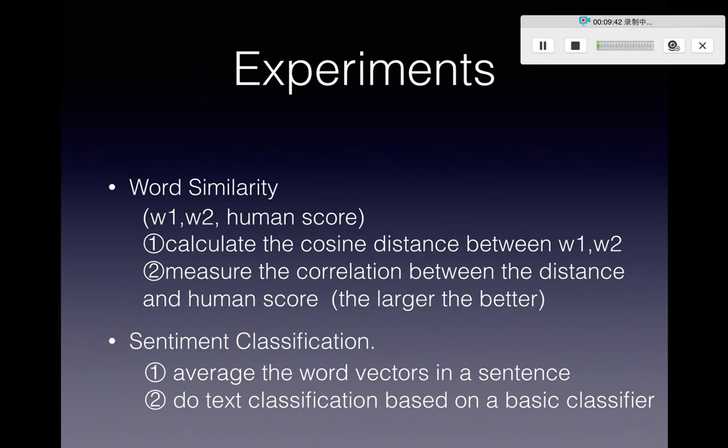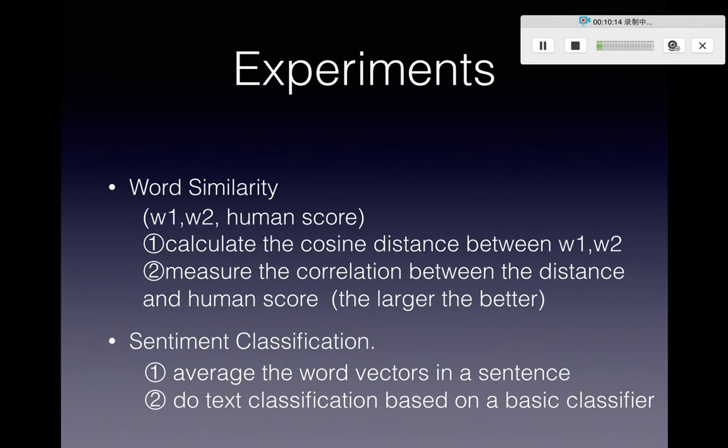The third column is human scores, which indicate the similarity between these words according to human judgment. The first step is to calculate the cosine distance between W1 and W2. Then we measure the correlation between the distance and the human scores. A larger correlation means better performance.